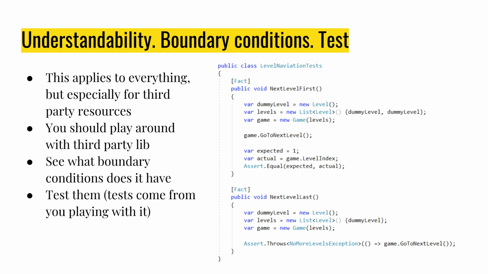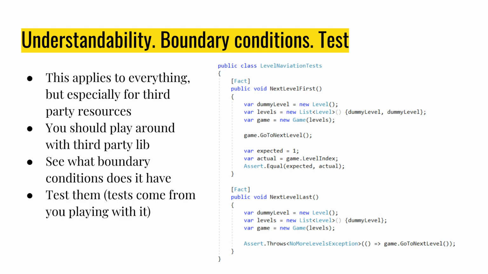So when you write tests, you test your function. And if your function has boundary conditions, you should include those as separate tests. And this especially applies to third-party libraries when you write integration tests for it. Or if you're exploring it, let's say you don't know what it does, how it works, so you can write tests to better understand.